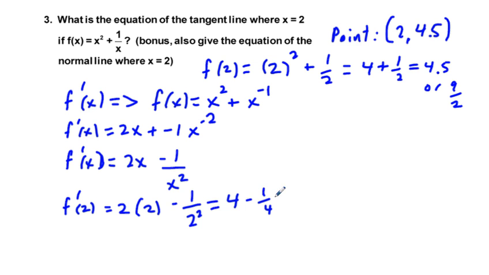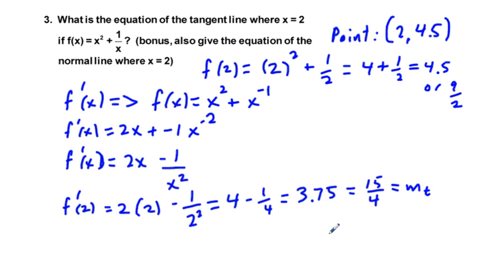So we can write this different ways. We can write this decimalized as 3.75, or I believe it's also 15/4. And so this is going to be our m sub t.